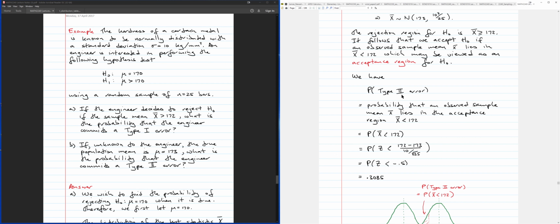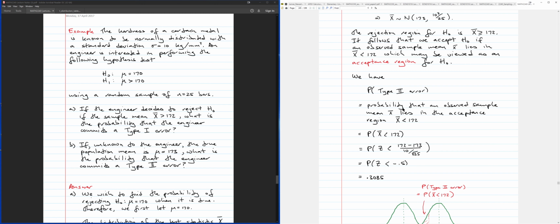And with H0 being false, you need to use a specific alternative value for mu, and that's given by 173. So the probability of your type 2 error is the probability of not rejecting the H0.